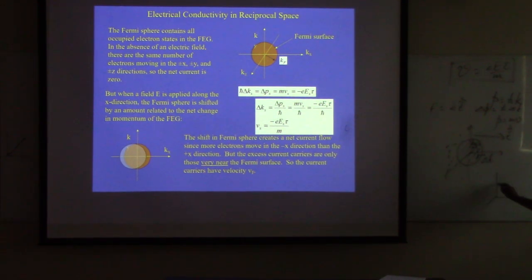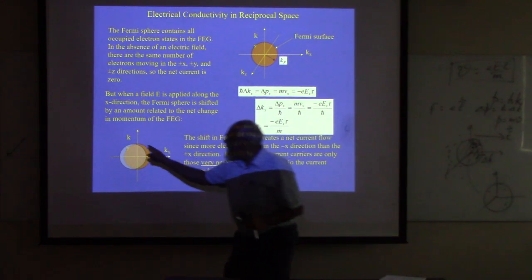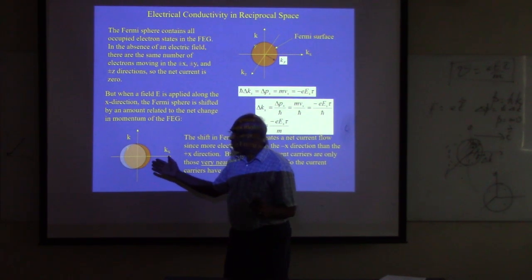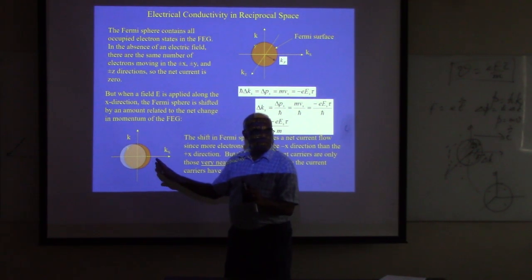Now, if you take this symmetric sphere, for every positive k you have a negative k, because of the symmetry. That means you don't have any contribution from the electrons here, because you have positive and negative. If the sphere moves this way, in this overlap region there's no contribution.